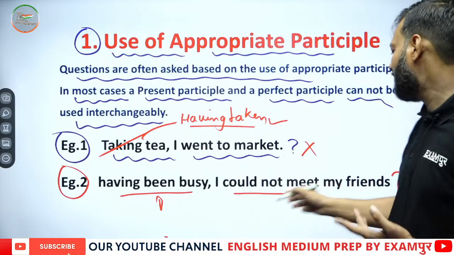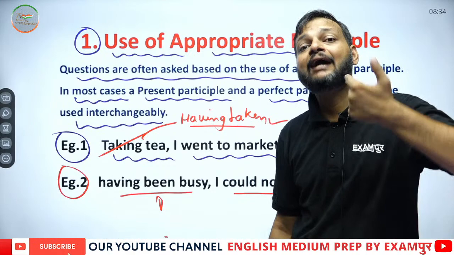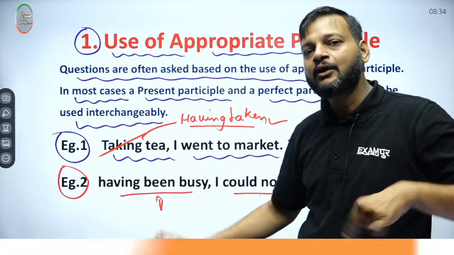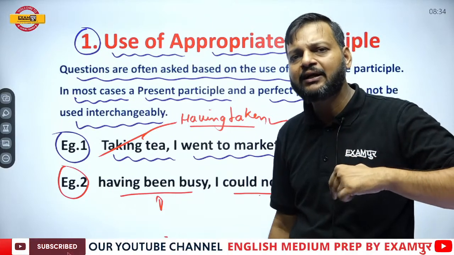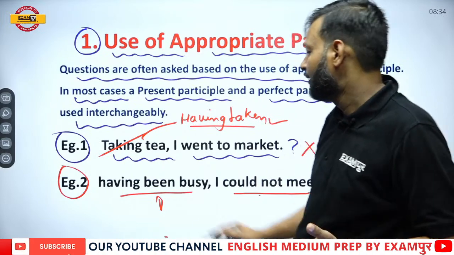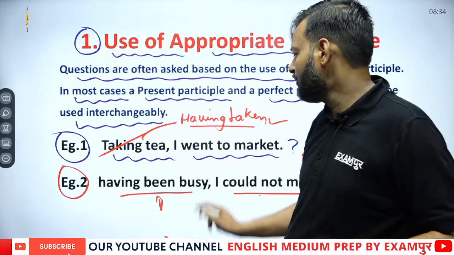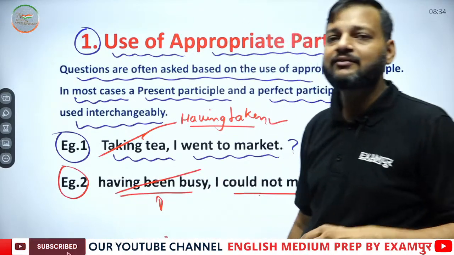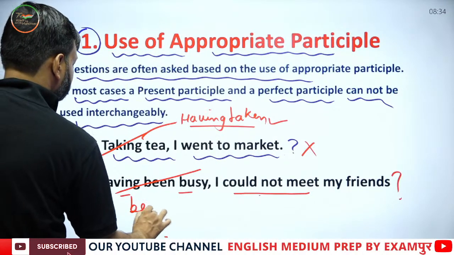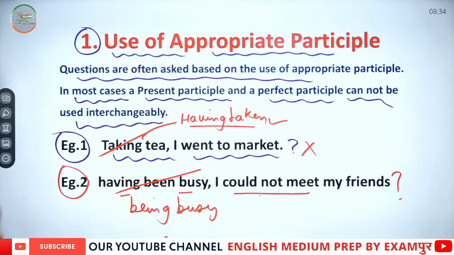So when could I not meet my friend? When I was still busy. Both actions must be simultaneous. So we have to change the perfect participle into present participle: being busy, I could not meet my friend.